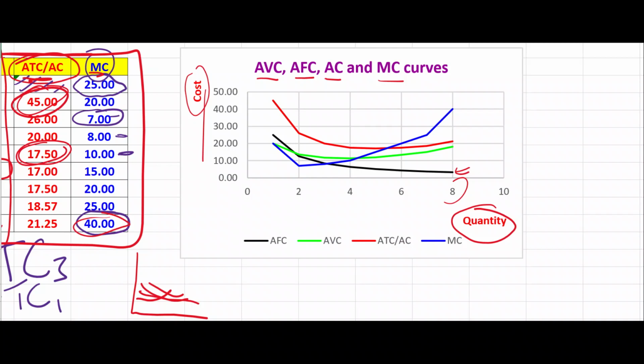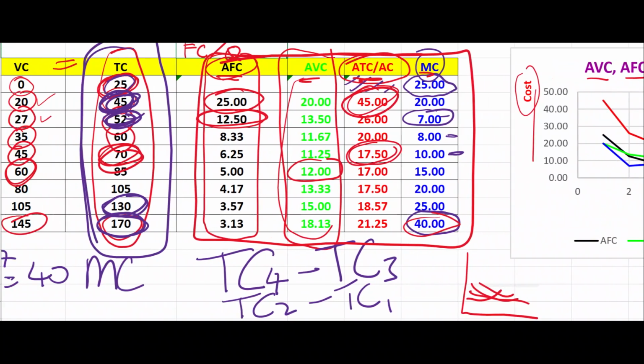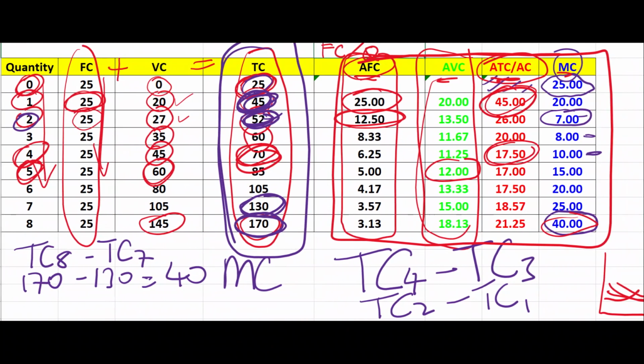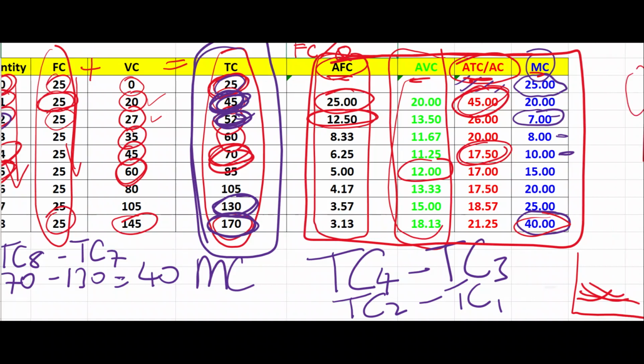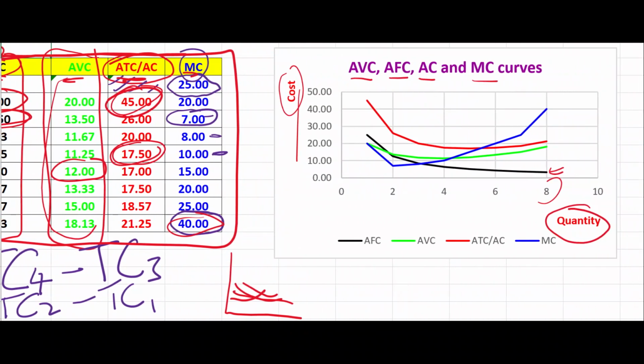With every unit of output that you add to total production, you're spreading your fixed costs across a broader base. So to go back here, the fixed cost, whether I produce nothing at all or 8 units, is still €25. So my average fixed cost will continue to decline and continue to decline.